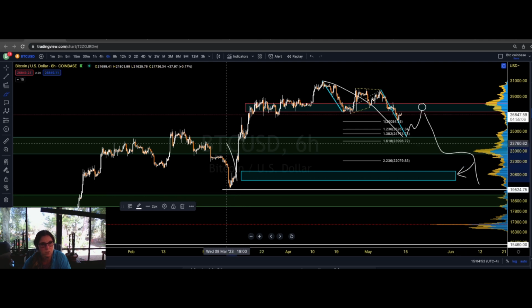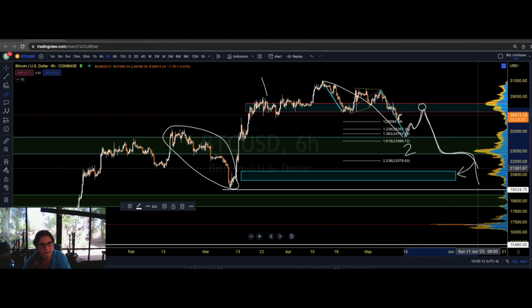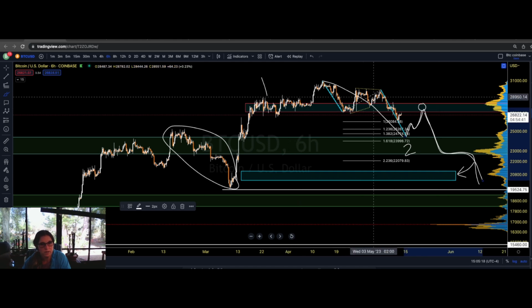But we want the wave 2 to be shorter in time or identical in time to this wave 2. Remember, this 1 and 2 is of lower degree. It should be smaller. So having this bounce and an additional leg will invalidate the 1, 2, 1, 2 option. That will lean more towards us putting in a connecting wave.